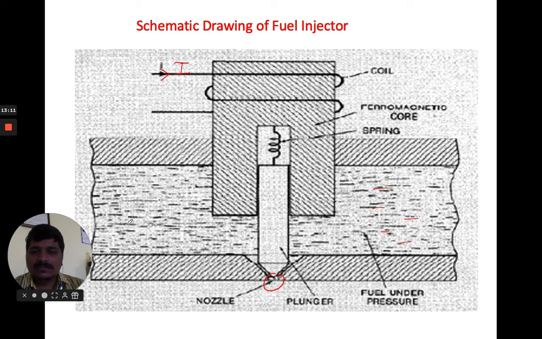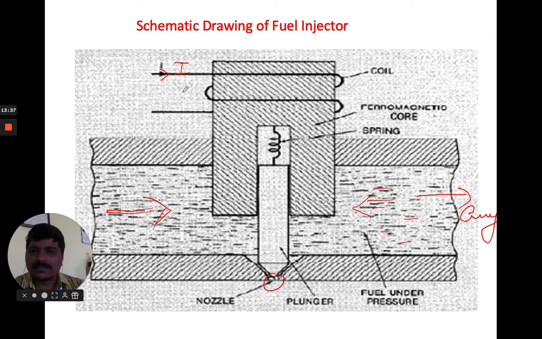The fuel coming in this direction will not flow into the engine system. The nozzle will be closed, and the fuel will be filtered here itself.